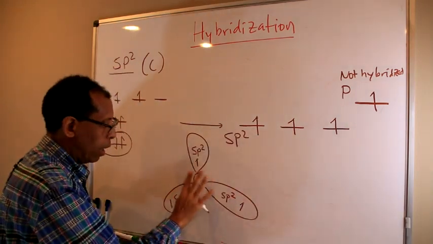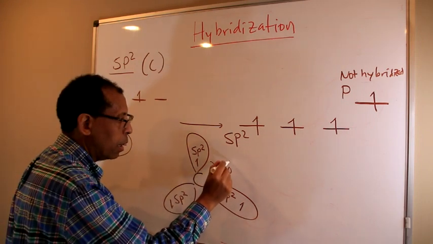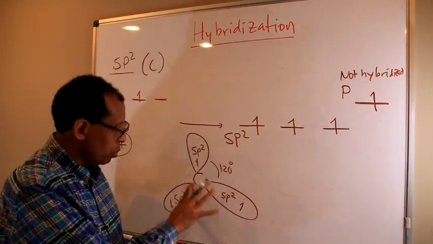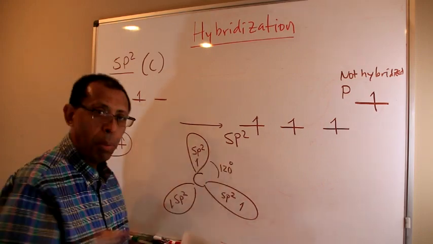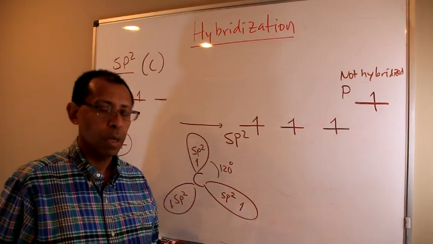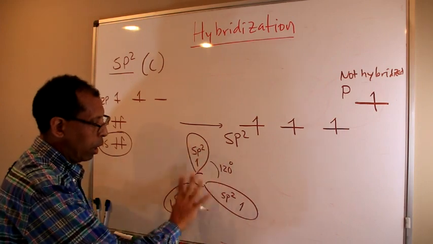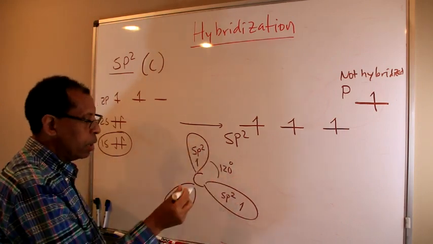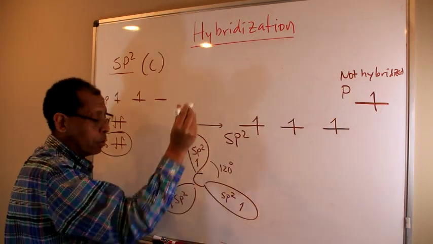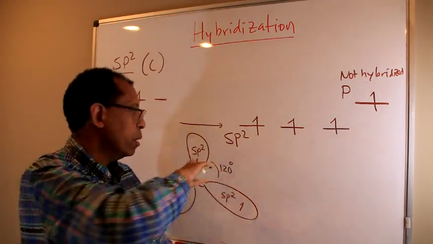The sp2 orbitals are aligned at 120 degrees. Remember now, for sp3, we said it is 109. For sp2 configuration, since there are 3 lobes, they are in space at 120 degrees. Remember that. Now, if we consider all of the sp2s are on the plane of the board, there would be the p orbital perpendicular to the plane of the board. What it means is it's 90 degrees to the sp2.